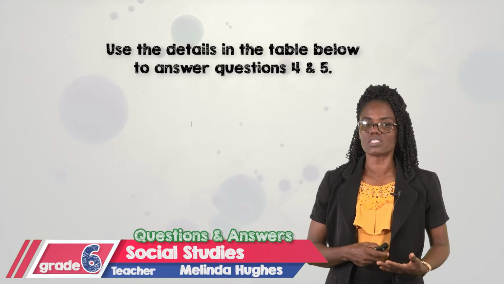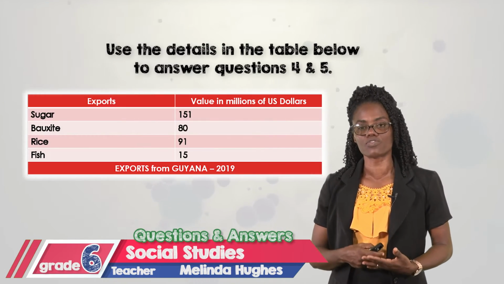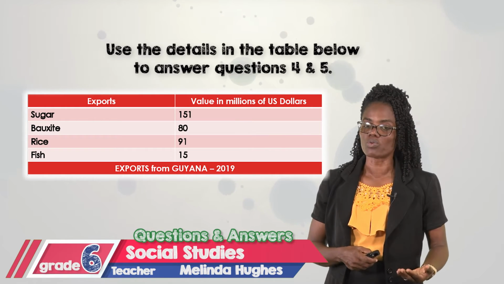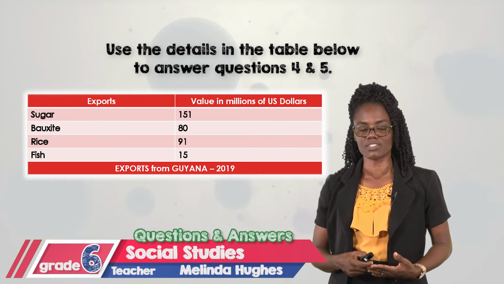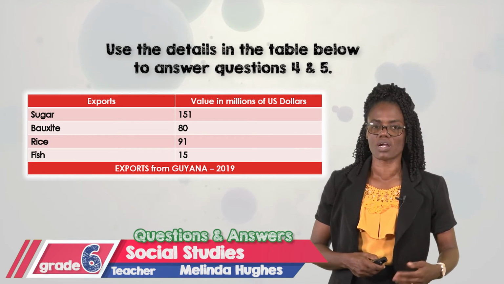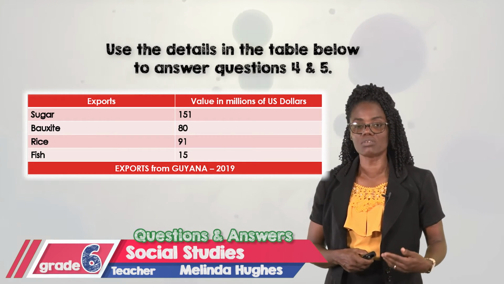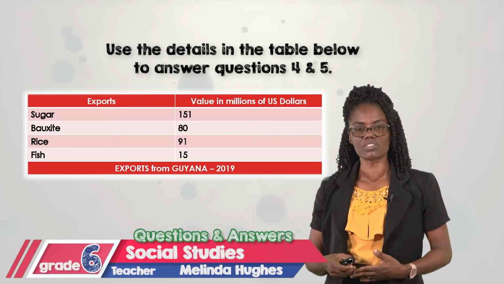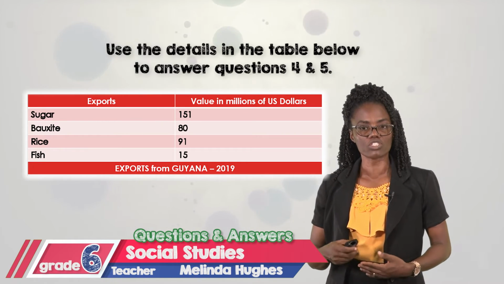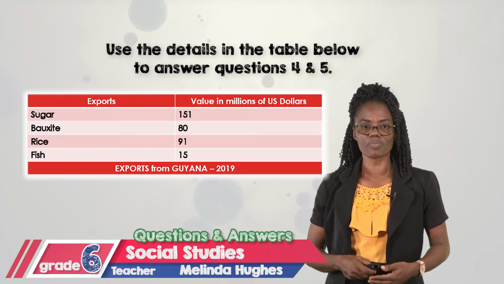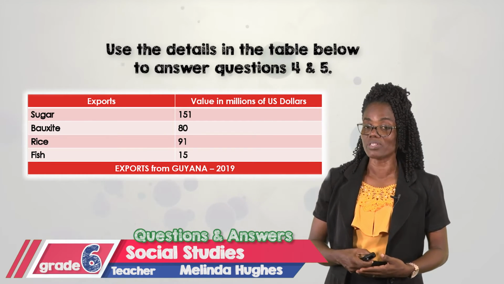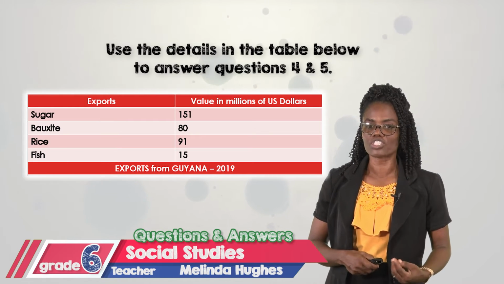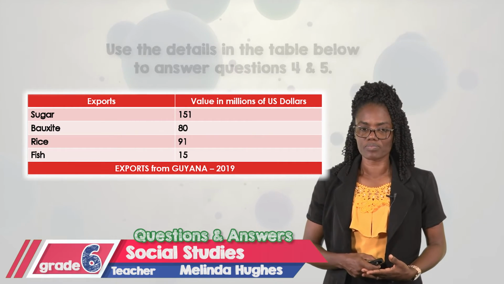Use the details in the table to answer questions 4 and 5. The details are based on exports from Guyana in 2019. So the exports are sugar, bauxite, rice, and fish. Value in millions of US dollars for sugar, 151 million, bauxite, 80 million, rice, 91 million, and fish, 15 million.